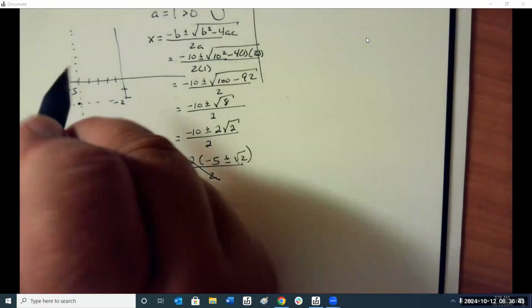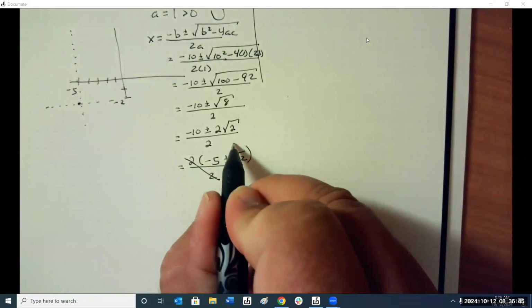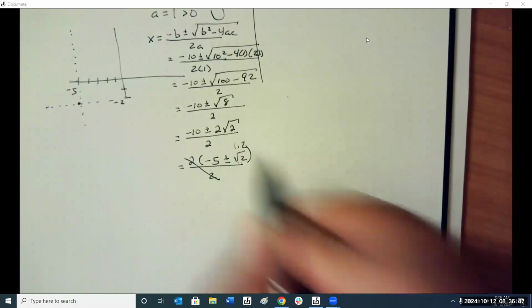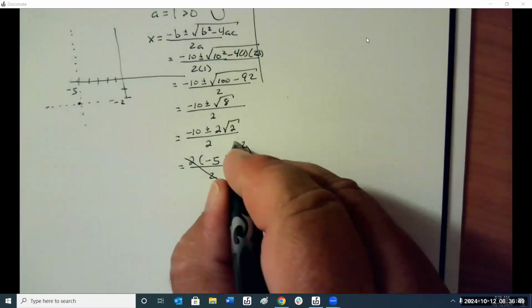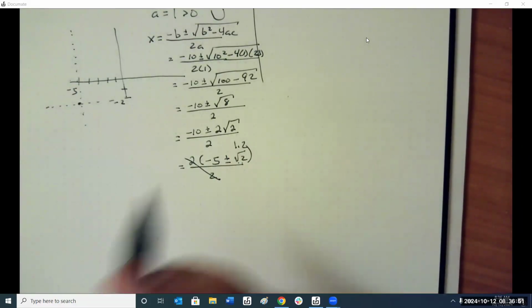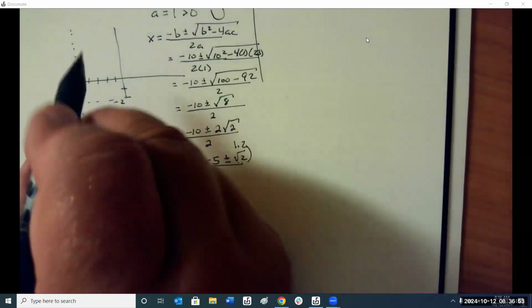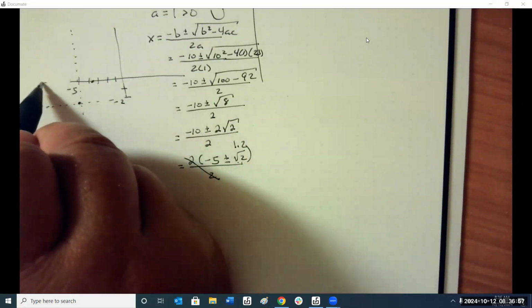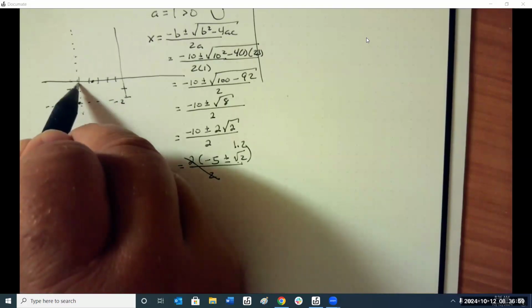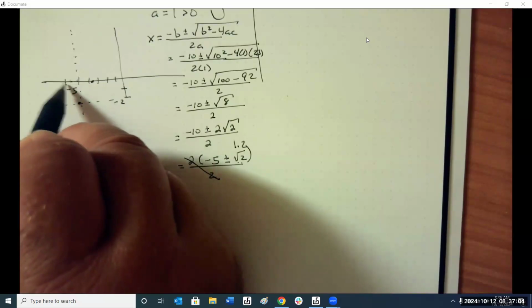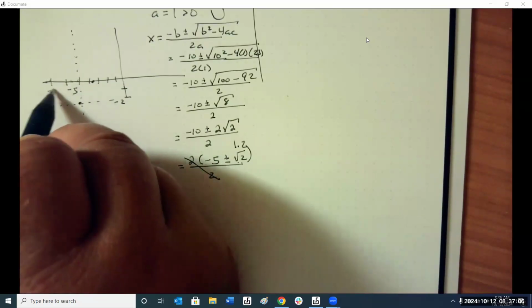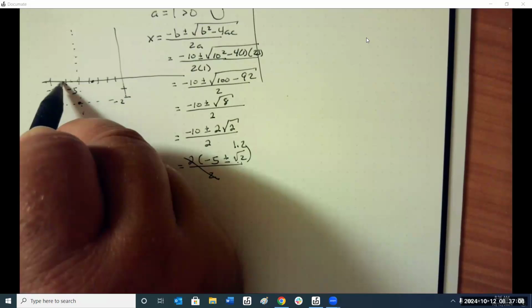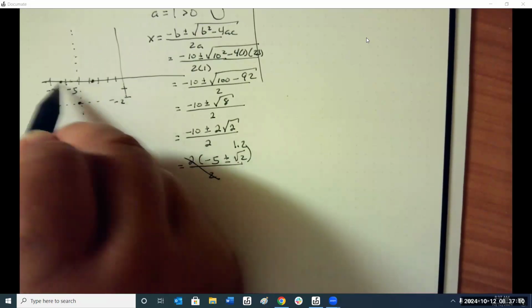So let's say it's 1.2, because it's pretty close to 1. So I go over 1.2 to the right, and then 1.2 to the left. They're symmetric.